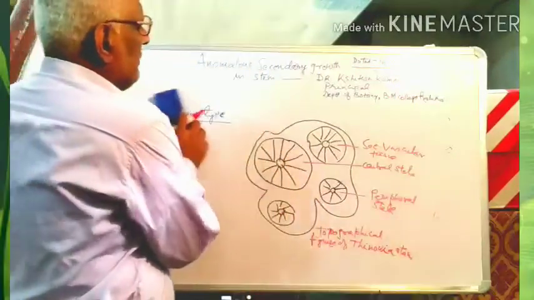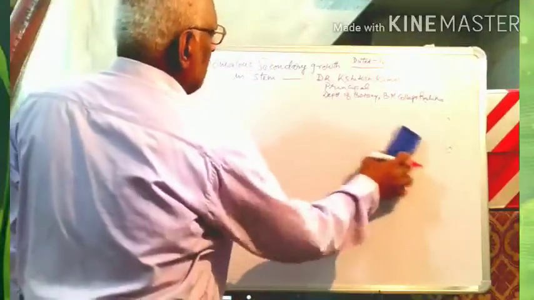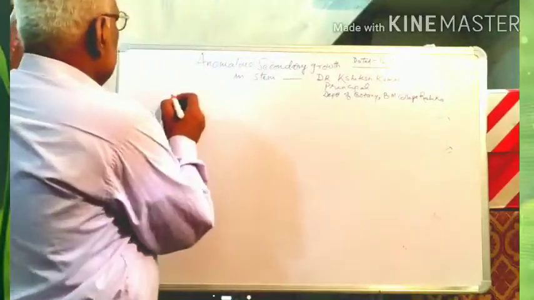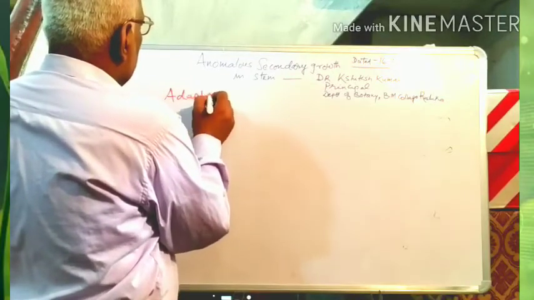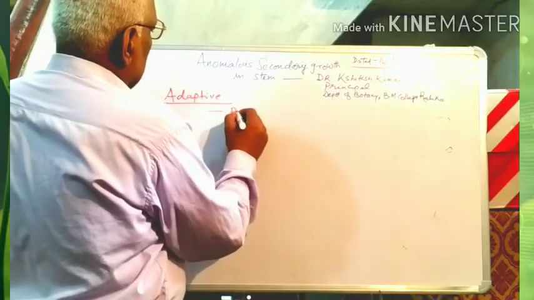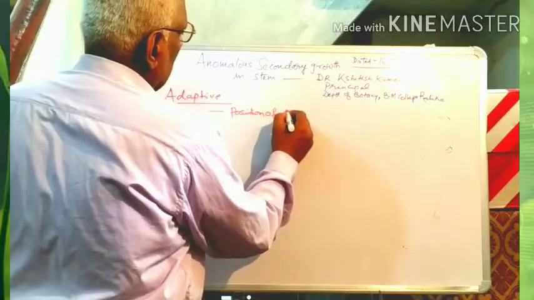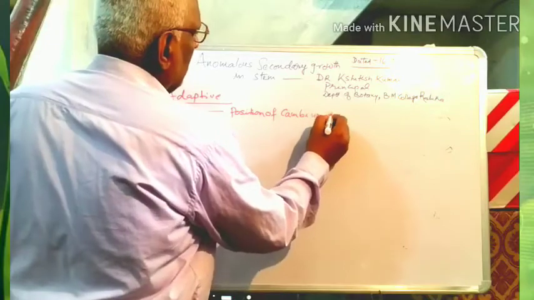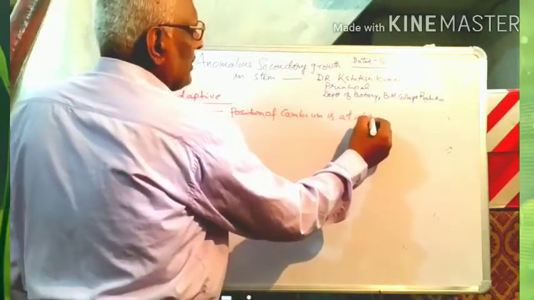The second type is Serjania type. The second type of anomalous secondary growth in the adaptive heading, where the position of the cambium is at abnormal position.